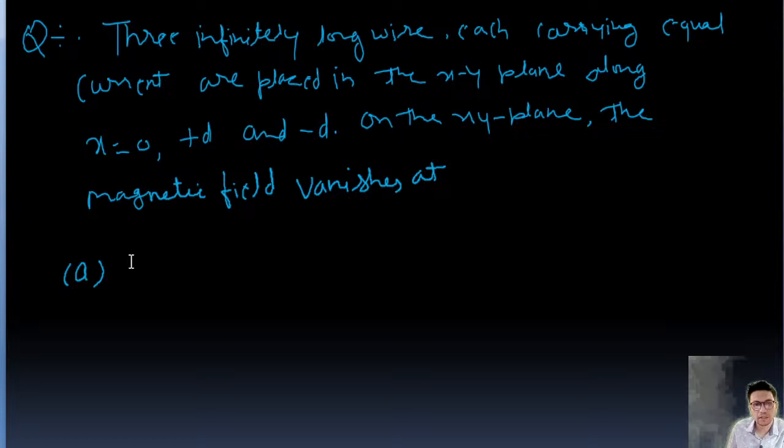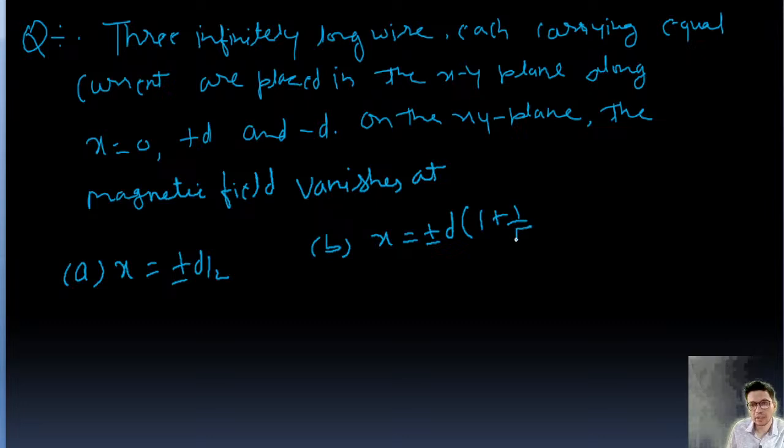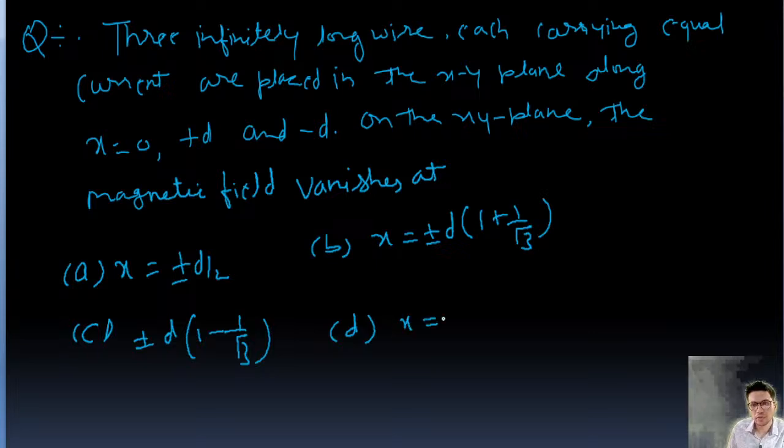Option A, x equal to plus minus d by 2. Option B is x equal to plus minus d into 1 plus 1 by root 3. Option C is plus minus d into 1 minus 1 upon root 3, and option D is x equal to plus minus d upon root 3. Okay, so these are the options, guys.